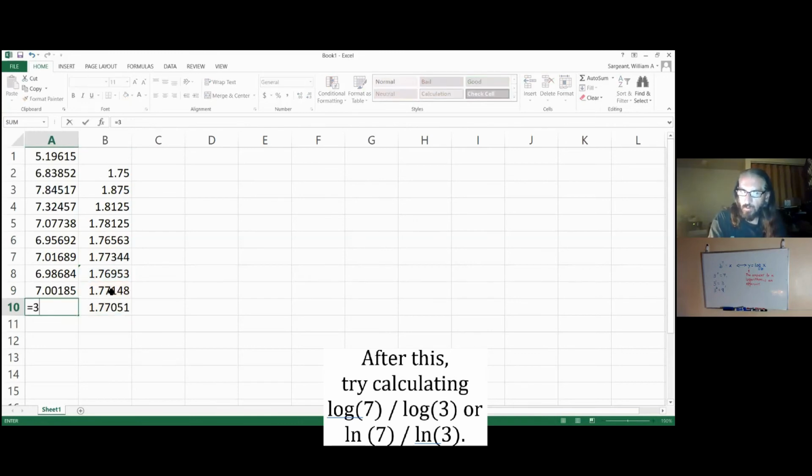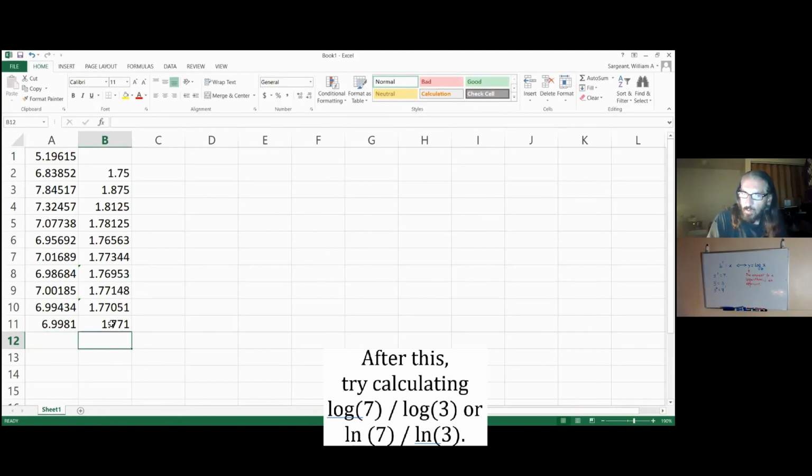Raise 3 to that power. Too low. So we're halfway in between those last two. Raise 3 to that power. And that's too low.